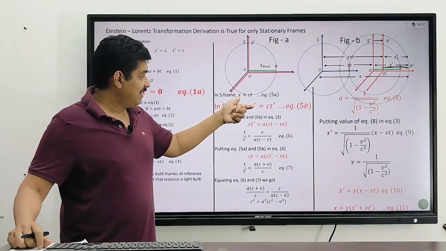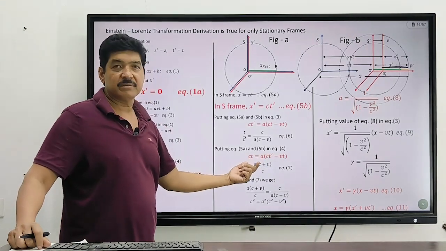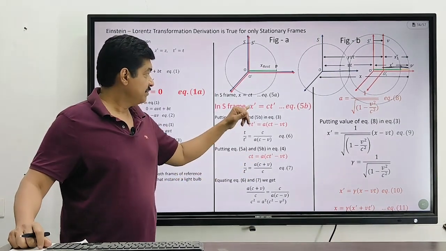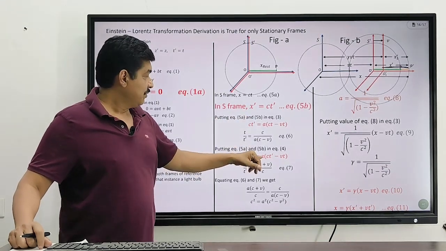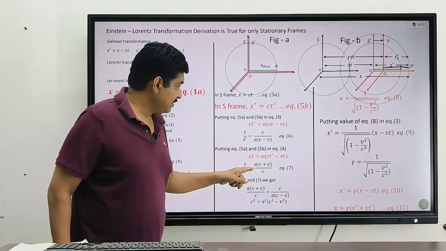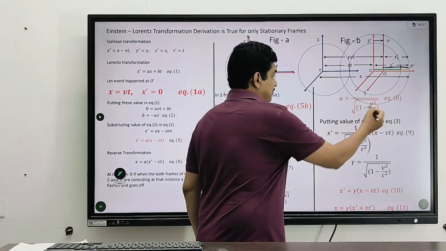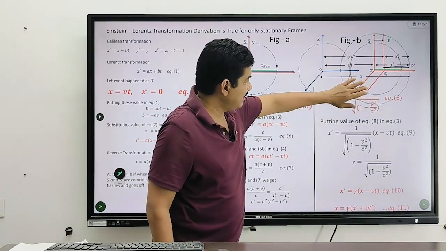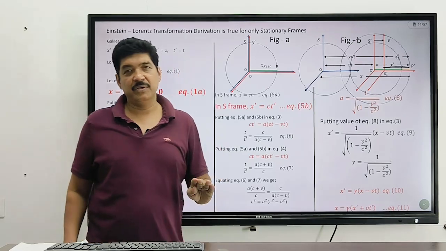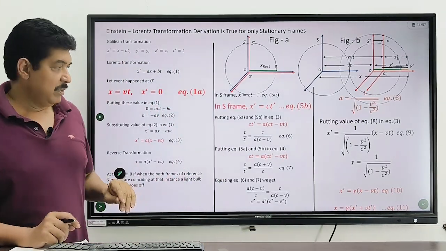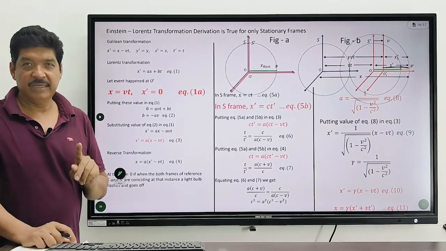When this error is there, the error comes in this, because this is actually this, right? Once the error comes in this, the error comes in this, and then if there is an error in this part, then the equation itself becomes wrong. So at three places the error is there.